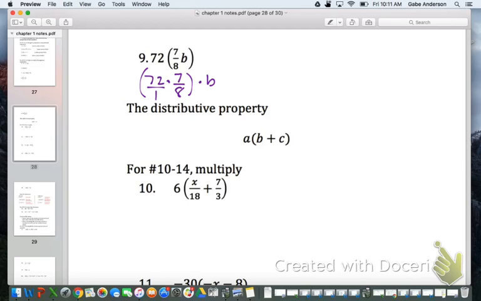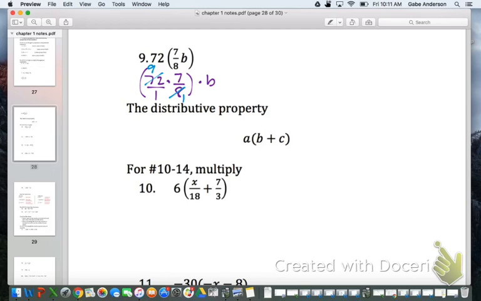I'm a fan of doing kind of the same thing that Ben did, and that is trying to reduce now instead of later, to make the numbers a little bit smaller if we can. Alec, did you do that? What did you do for that? I canceled 72 and 8 for 9 and 1. Yeah, 72 would cancel to be a 9, 8 would cancel to be 1, because 8 goes into both.